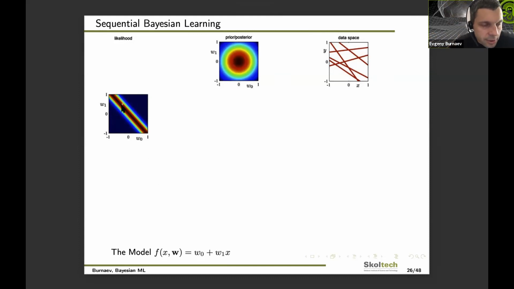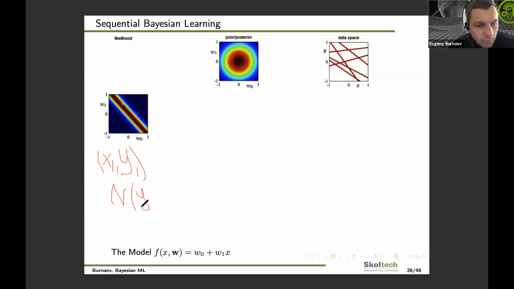Then I got just one new observation. So this is my observation. Let us write it like so: I get one observation x1, y1. And then what I can do is write the so-called likelihood for this observation.